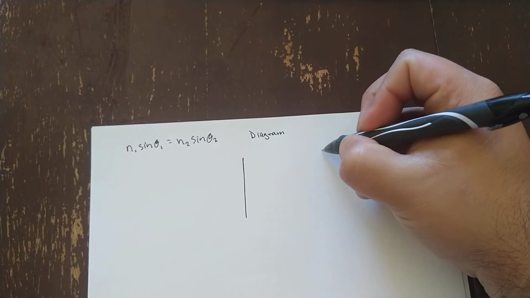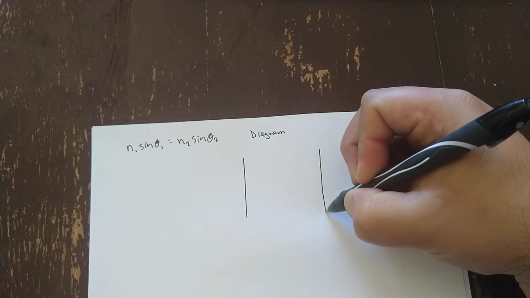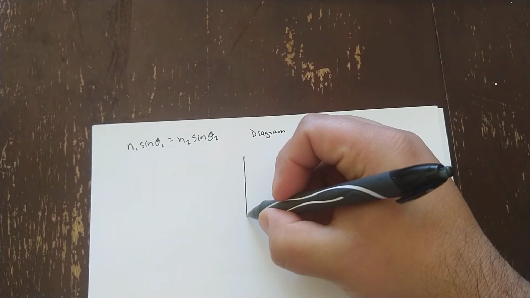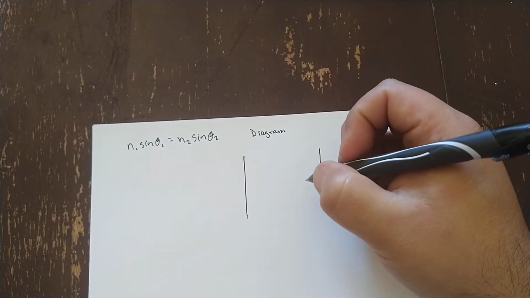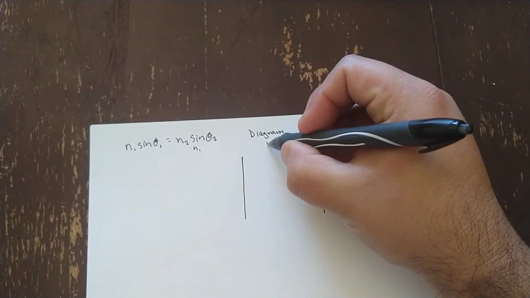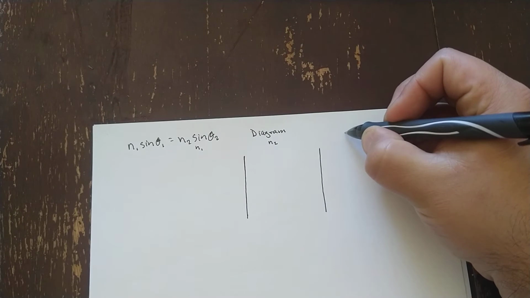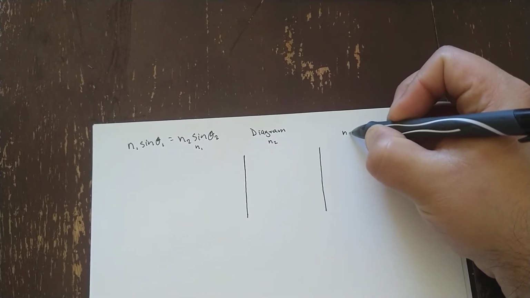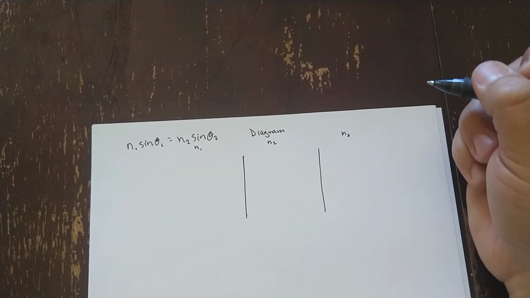It said it was a 1.0 centimeter thick piece of glass. We're going to call this side over here n1, this is going to be n2, and since it comes out on the other side, as it said in the problem, we're going to call that n3.